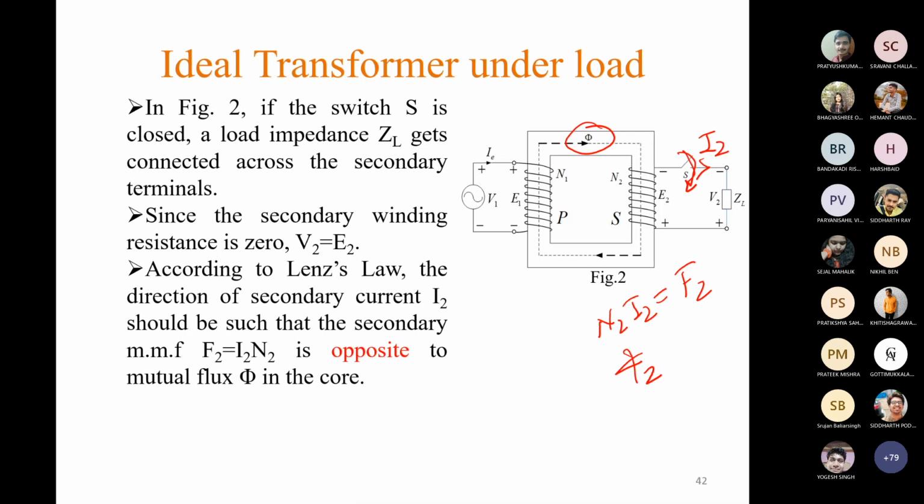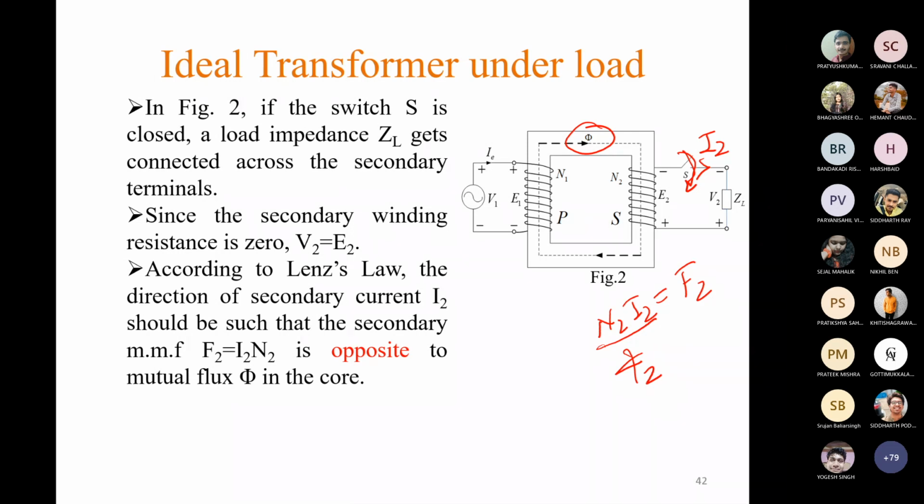This current I2 will produce its own MMF N2I2, that is F2, and this F2 will produce its own flux phi 2. This phi 2 will be in the opposite direction to phi. Up to this, it is clear.